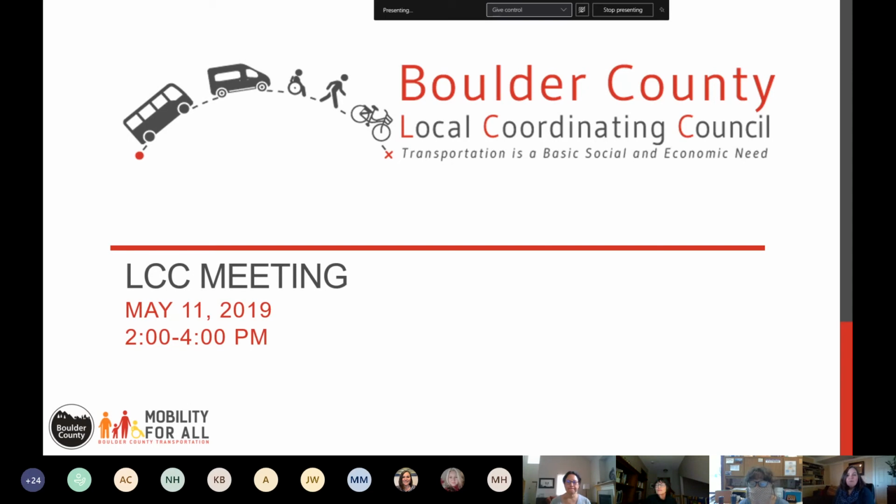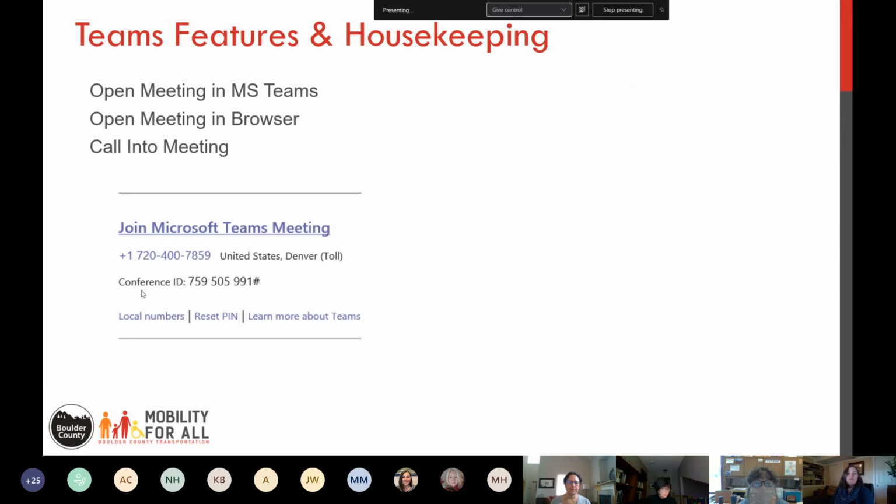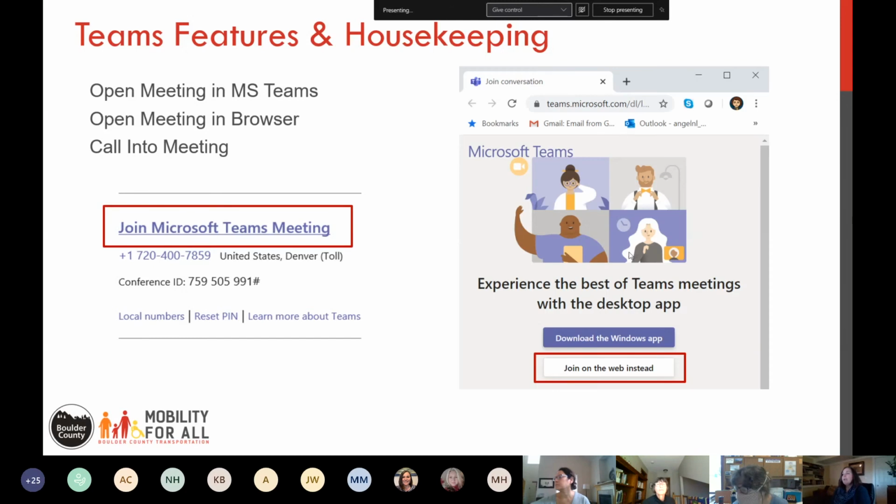So I sent out some information before this on how to access the meeting, but I will just go ahead and go over a couple of reminders. You can access this meeting through Microsoft Teams or in your browser. This is what I had said in the sheet that I sent out just prior to the meeting.